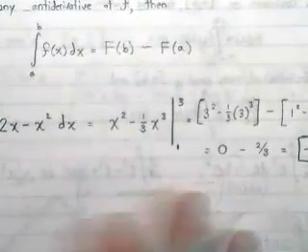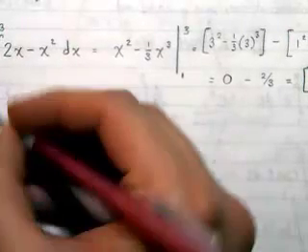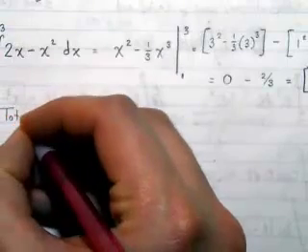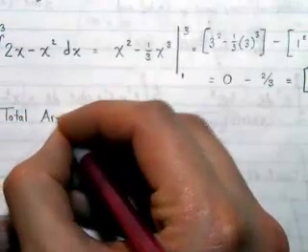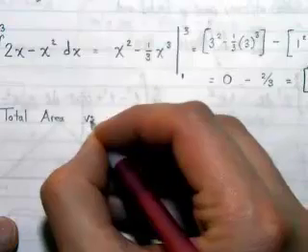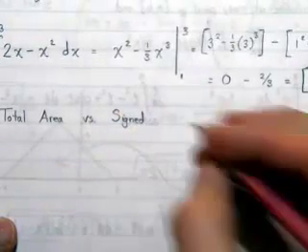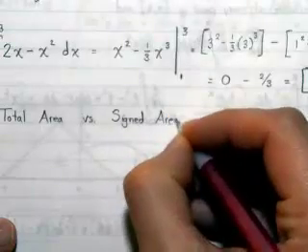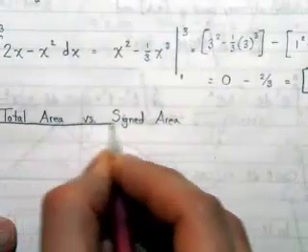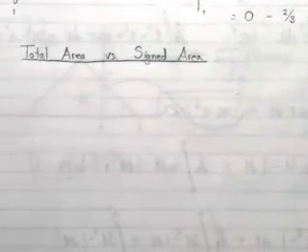Now, doing it at least with certain equations, we're going to revisit this idea of total area versus signed area. Now we're going to see what we can do by hand.